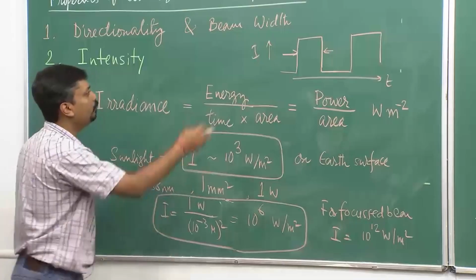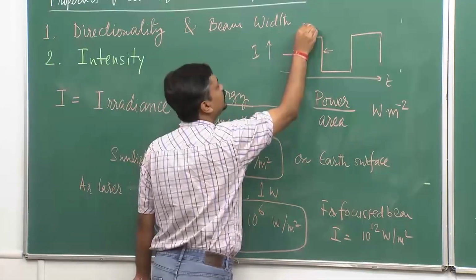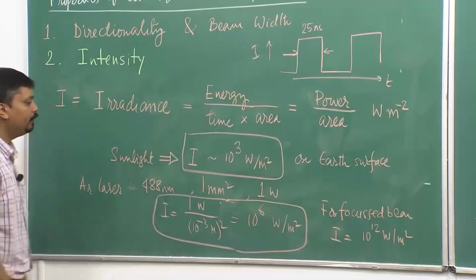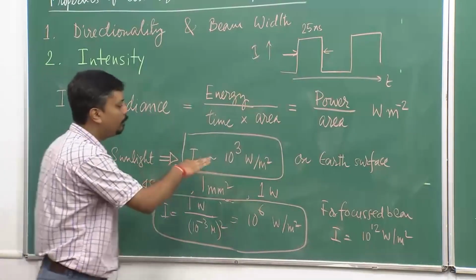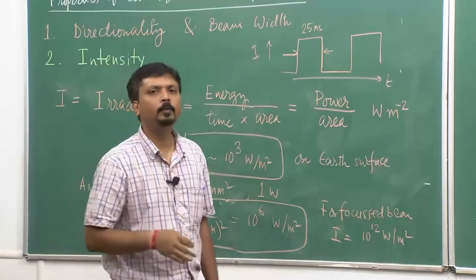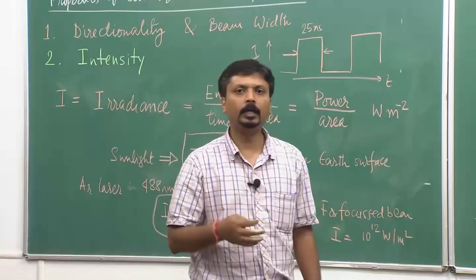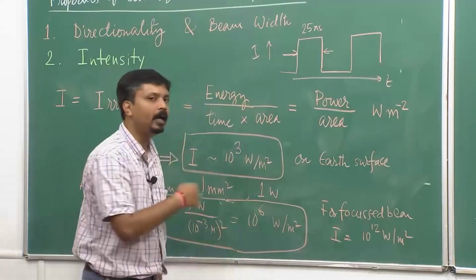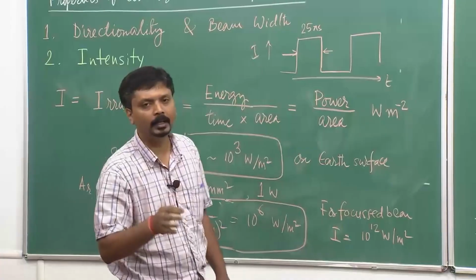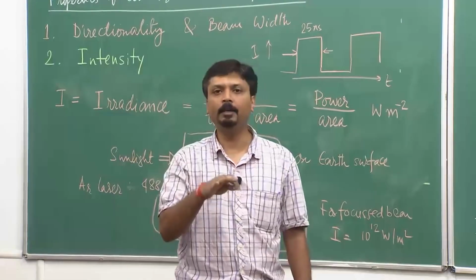For ruby laser it is 25 nanosecond, and if I take typical power of say 10 watt, then we can find out the irradiance by knowing the beam diameter. The beam area of a ruby laser is slightly larger, approximately 500 millimeter square.